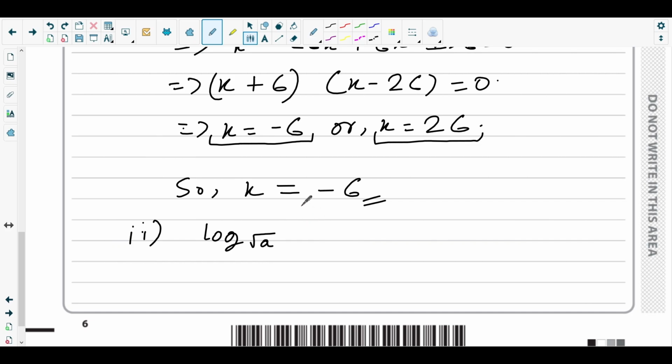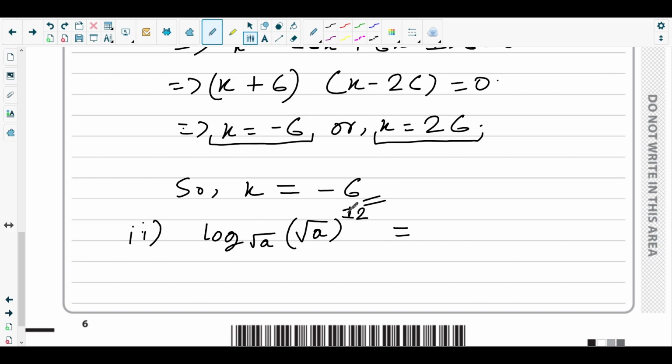A to the power 6 can be written as square root of a whole to the power 12. We can write it like this because square root of a is basically power half, so half times 12 becomes a to the power 6. The base of the log is square root of a, and the constant here is also square root of a.